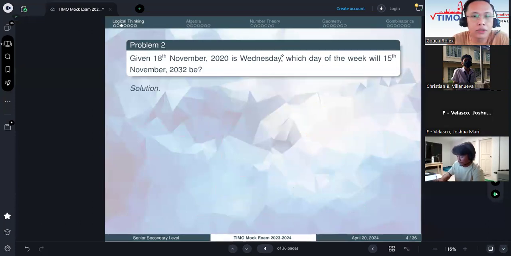For number 2, given 18th November 2020 is a Wednesday, which day of the week will the 15th of November 2032 be? So we are going to determine the day of the week of November 15, 2032. Between 2032 and 2020, there are how many years?